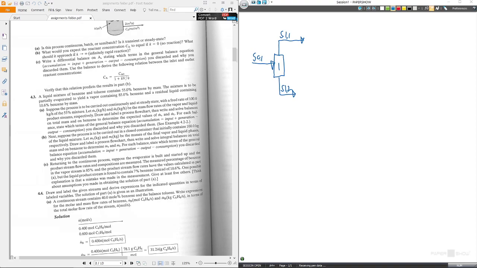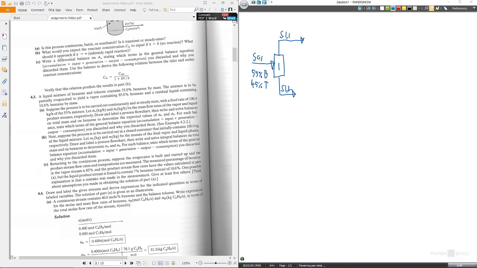And we are being told that in our stream 01, so in our entry stream, we have 55% of benzene. And of course a lot of you would then say that we can quickly calculate that we must have 45% of toluene, but we'll put that in Excel later.